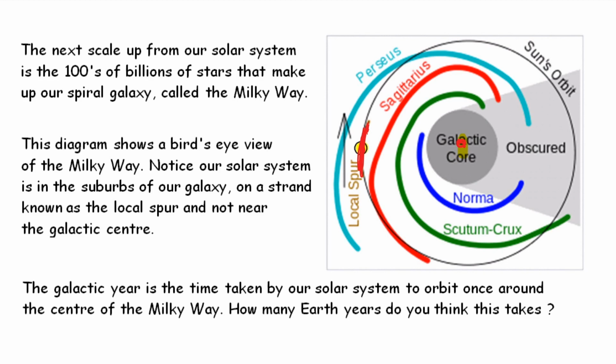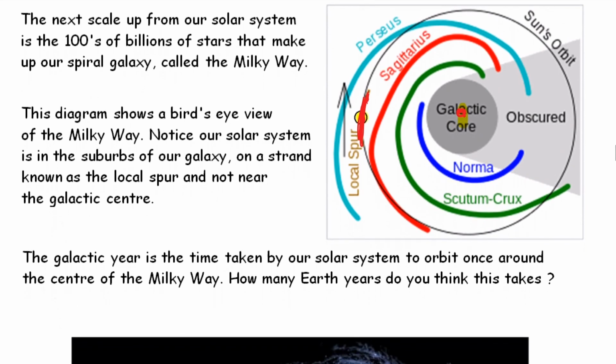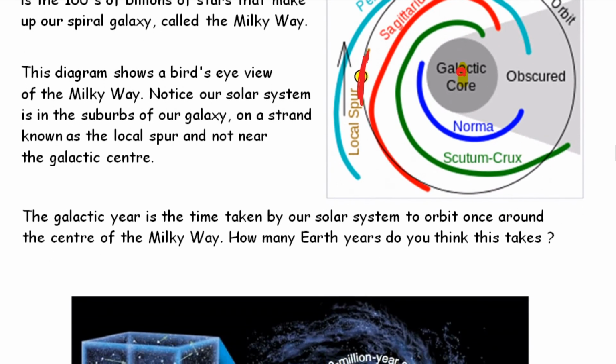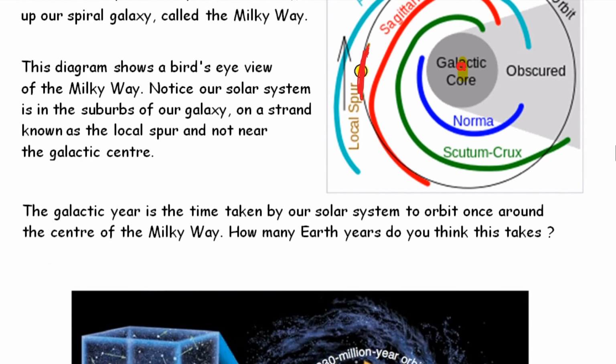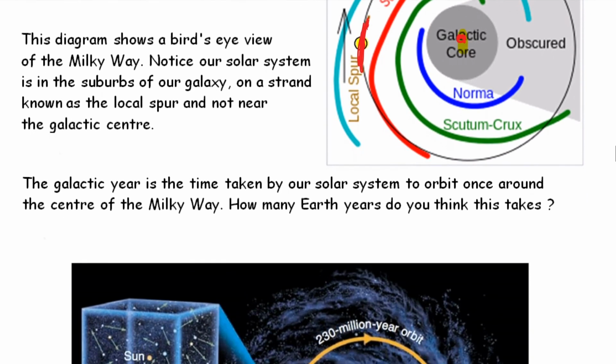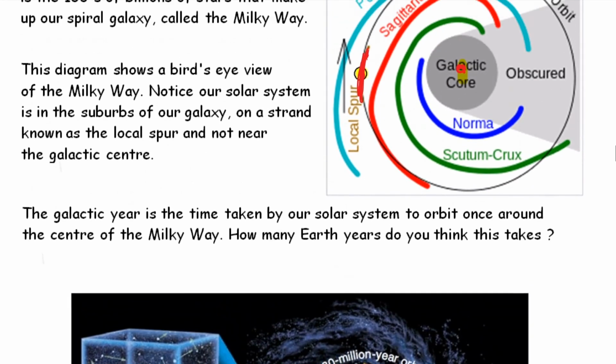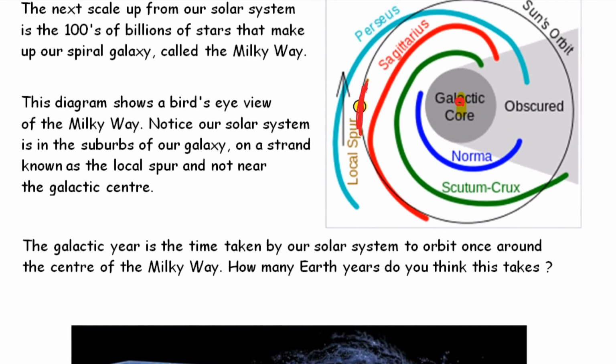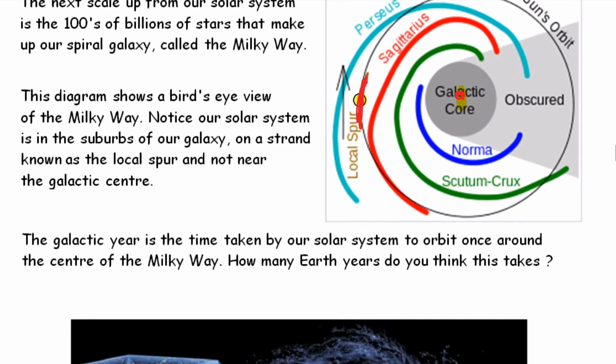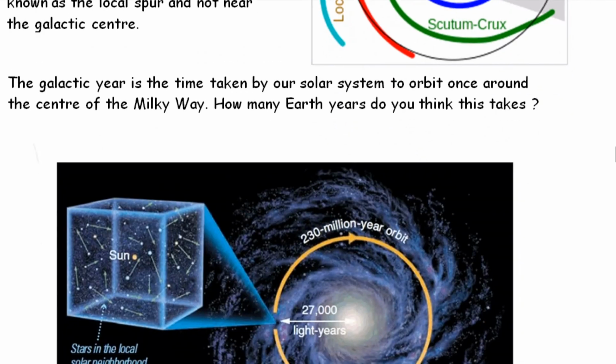The galactic year is the time taken by our solar system to orbit once around the centre of the Milky Way. How many Earth years do you think this takes? Well, the answer's underneath.